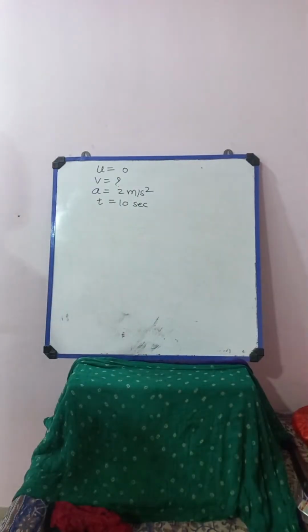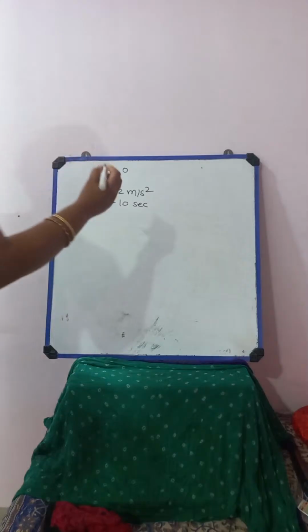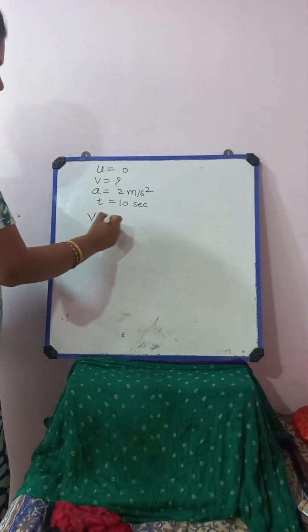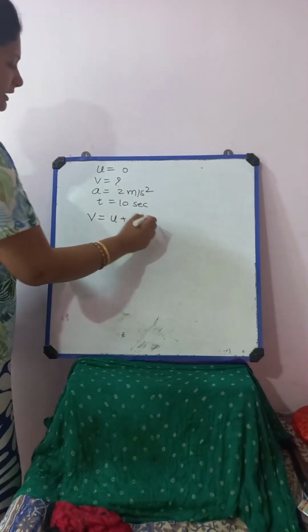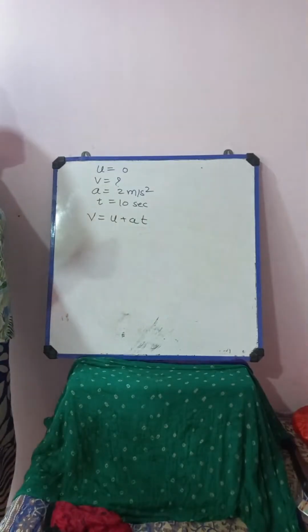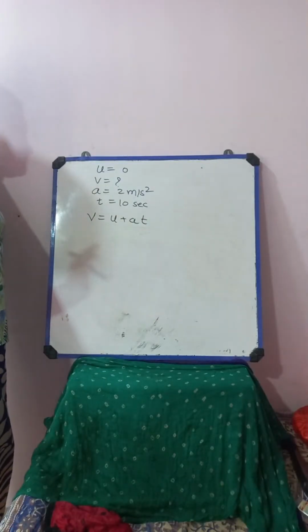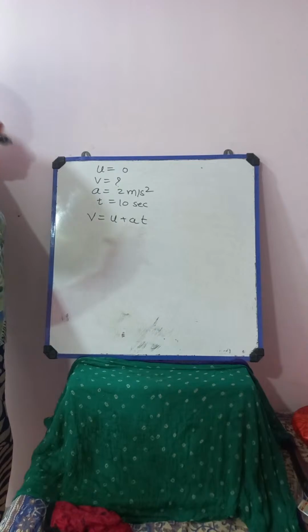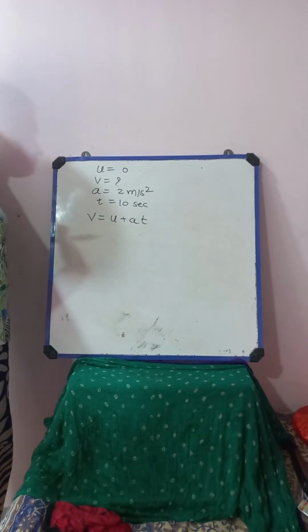So we use the first kinematics equation, v is equal to u plus at. It's very important to be clear about what is given and what we have to calculate, then only you can apply the formula.